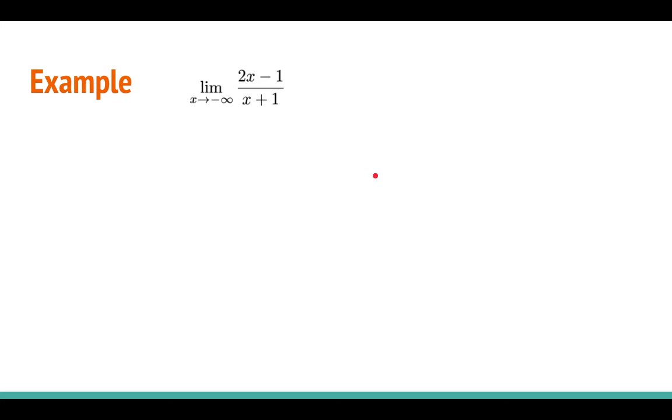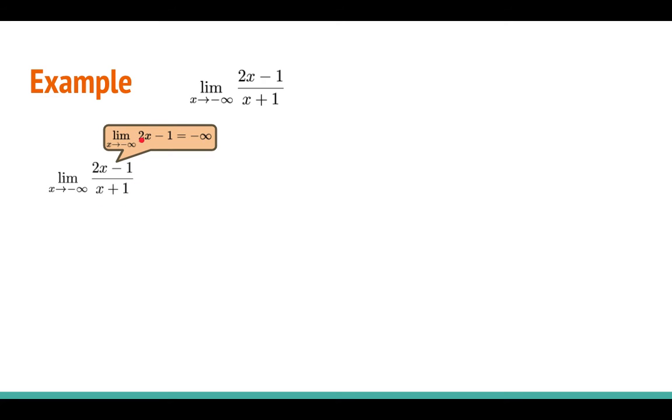So, to look at this example, we're looking at the limit as we approach negative infinity of 2x minus 1 over x plus 1. First thing always when we're doing limits, we do direct substitution. Well, sorry, strike that. We're going to look at numerator and denominator.